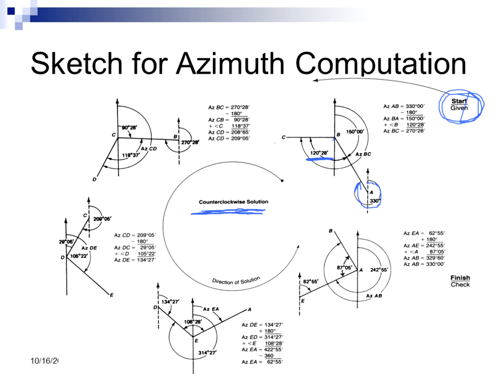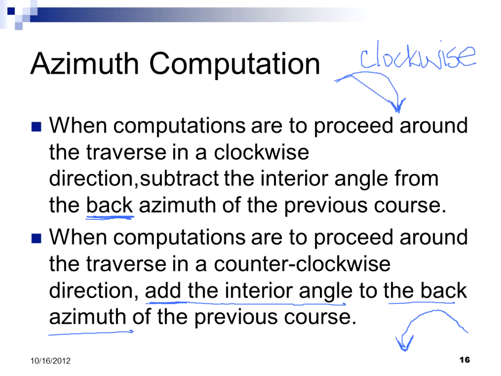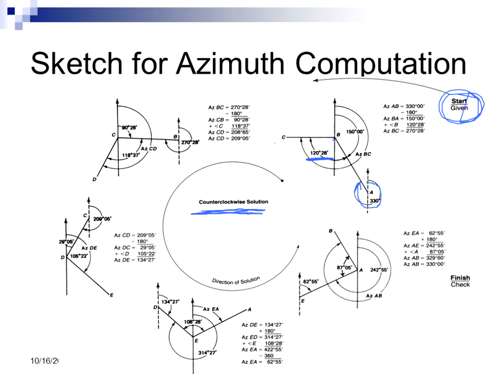So we have the azimuth of A to B. We now want the azimuth of B to C. So we are going to add the interior angle at B to the azimuth of B to A. Our previous course is segment AB. We need our back azimuth B to A, and then we're going to add the interior angle.